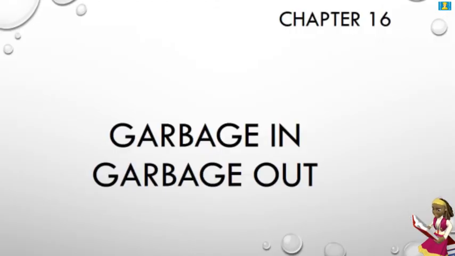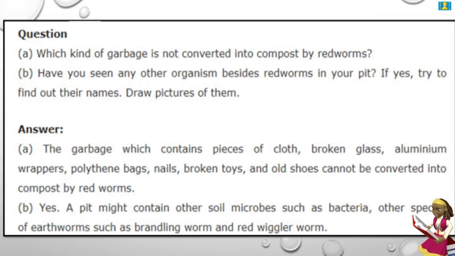Chapter 16, Garbage in, Garbage out. Question: which kind of garbage is not converted into compost by redworms? The garbage which contains pieces of cloths, broken glass, aluminium wrappers, polythene bags, nails, broken toys, and old shoes cannot be converted into compost by redworms.